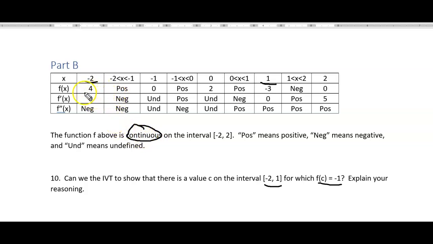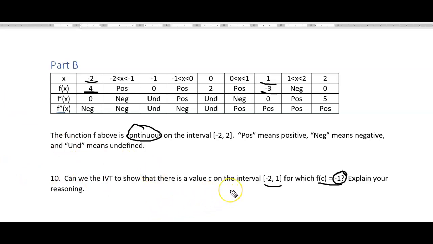And we are going from a y value of 4 to a y value of 3, and the y value we're trying to work to is included in that interval. So the IVT does apply.